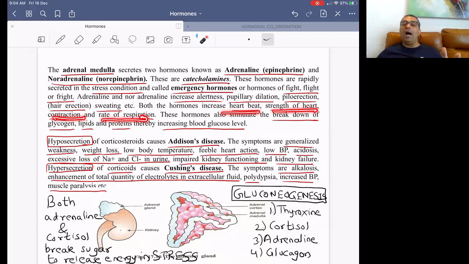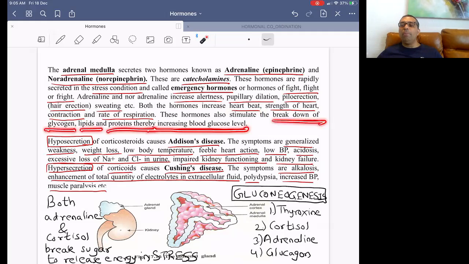And if you are running so much, you need a lot of energy. So adrenaline and noradrenaline increase blood glucose level so that sugar is available to all the cells, and they will help in the breakdown of glycogen, lipids, and proteins.